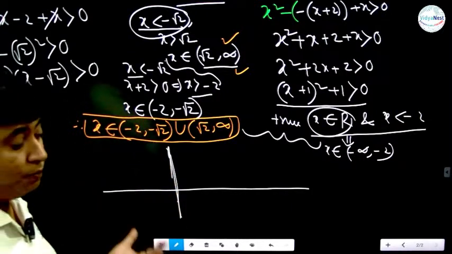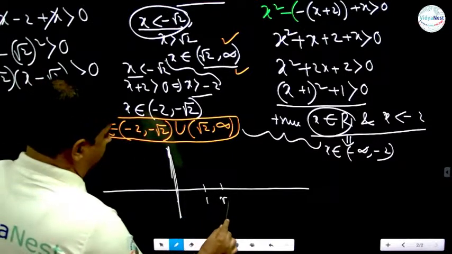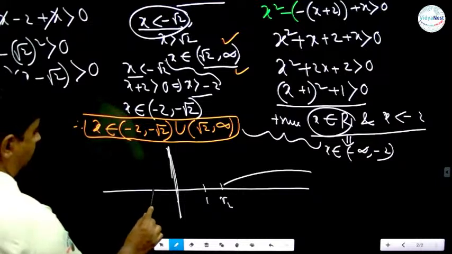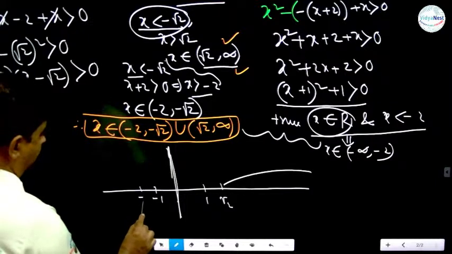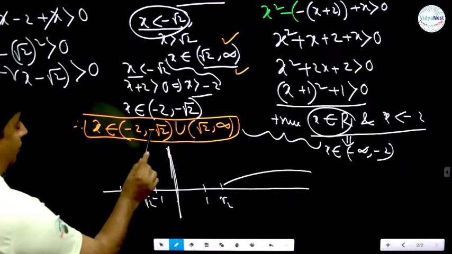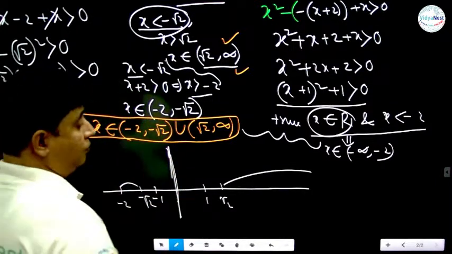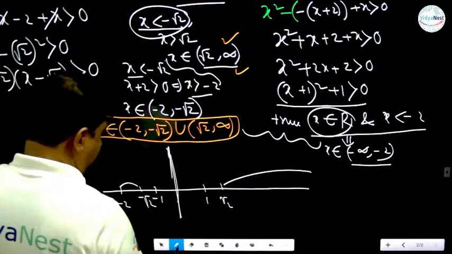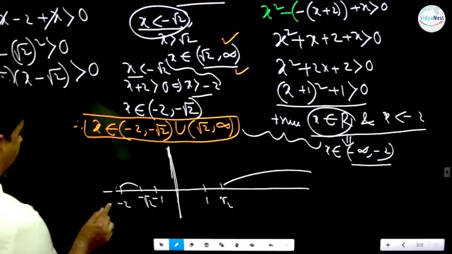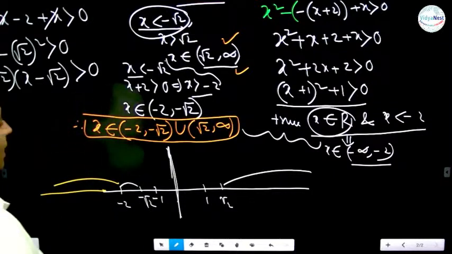See here, 1, that is √2, so this part. Here -1, -√2, -2. From that interval I can get -2 to infinity.